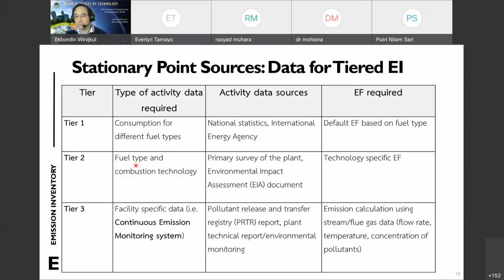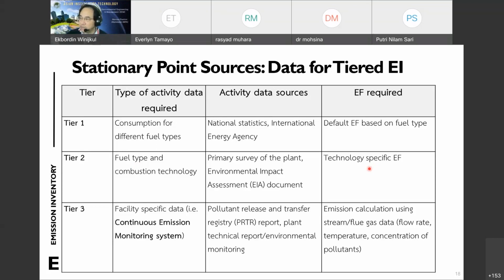For example, the information is how much coal you burn in fluidized bed combustion or a different type of combustion. And then the emission factor requirement is technology specific, right? For fluidized bed combustion, what is the emission factor? Tangential firing, what is the emission factor, and so on.